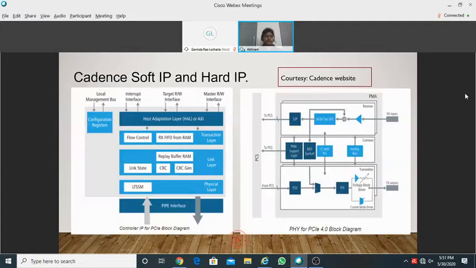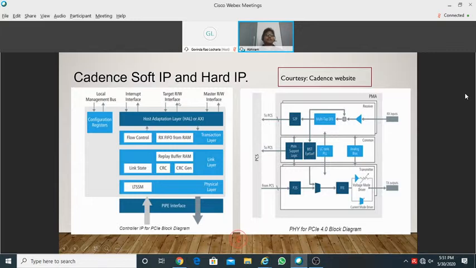Going to the next slide, I'm just trying to give an example of a Cadence soft IP and a hard IP. On the left-hand side, this is a PCI controller. On the top, it's what we can call the north side. The north side could be any bus.